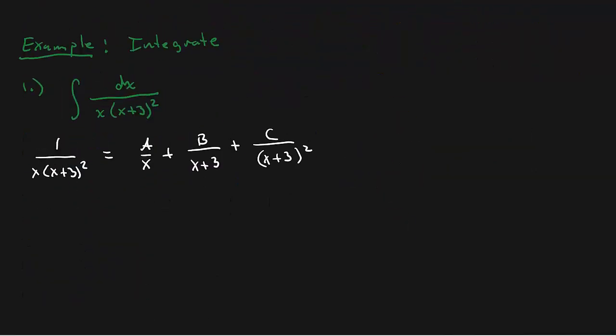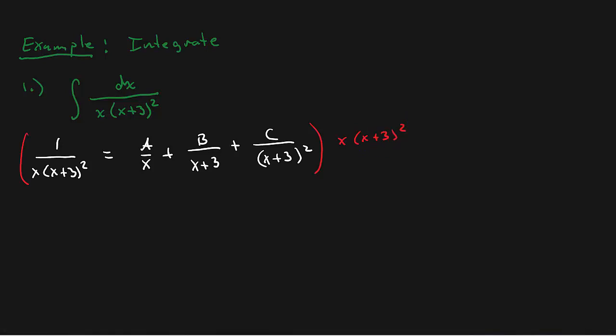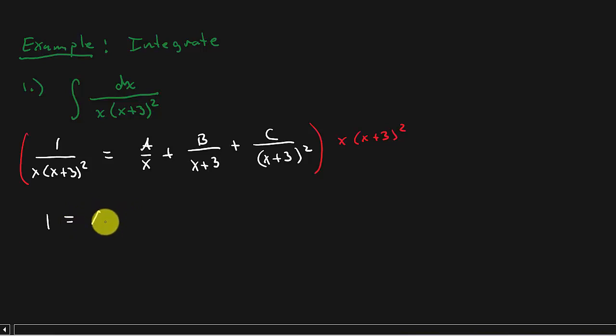Now we need to multiply by the common denominator, which is x times x plus 3 squared. And so that's going to leave me with 1 equals a times x plus 3 squared plus bx times x plus 3 plus c times x.